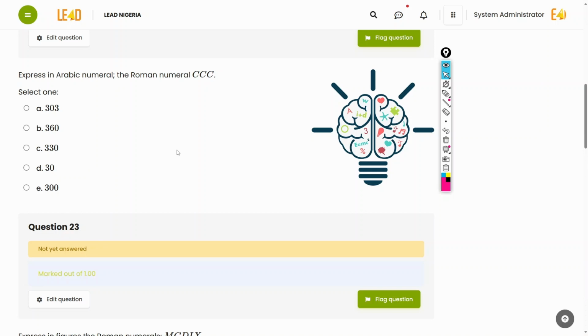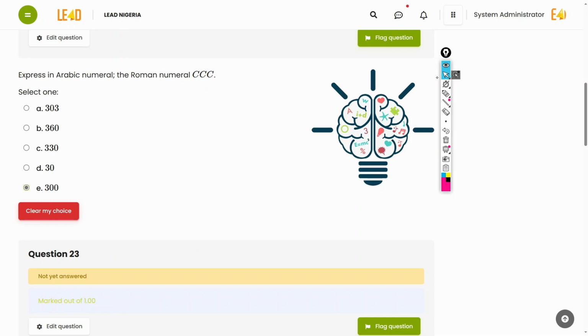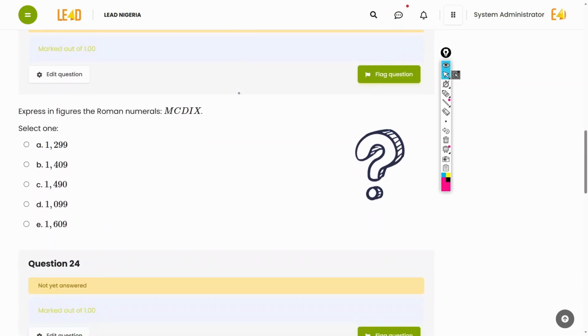Express in Arabic numeral, the Roman numeral CCC. That's 300: 100, 100, 100. So that's 300. Express in figures the Roman numerals MCDIX.